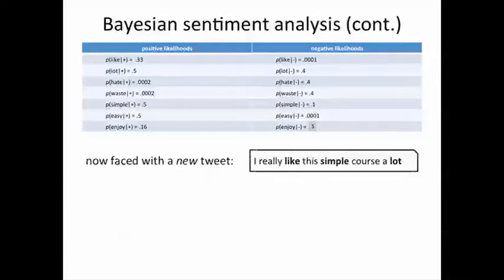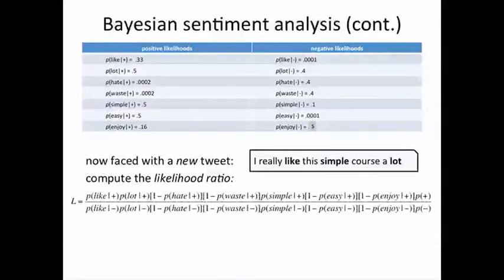Now faced with a new tweet, say I really like this simple course a lot, something we haven't seen before, we can compute the likelihood ratio, which is simply the probability of like occurring, because like happens to occur in this tweet, given that it's positive, and everything in the numerator is given that it's positive.